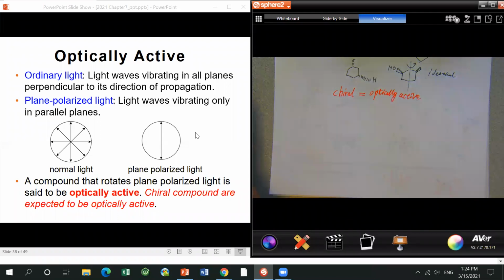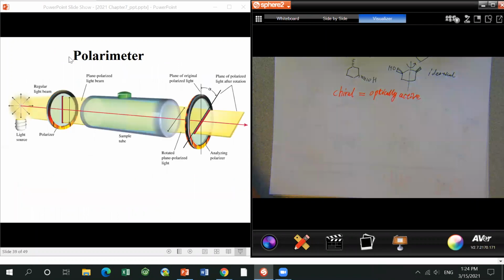Just keep that in mind. Now we go to the plane polarized light, and also the parameters used to show the R and S enantiomers. The light is normalized when it passes through what we call the polarizer, so only light in one direction can pass through, generally plane polarized light, only this direction.